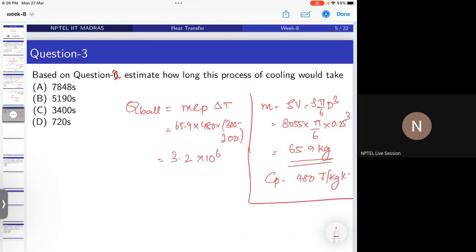What is the unit? The unit will be joule.